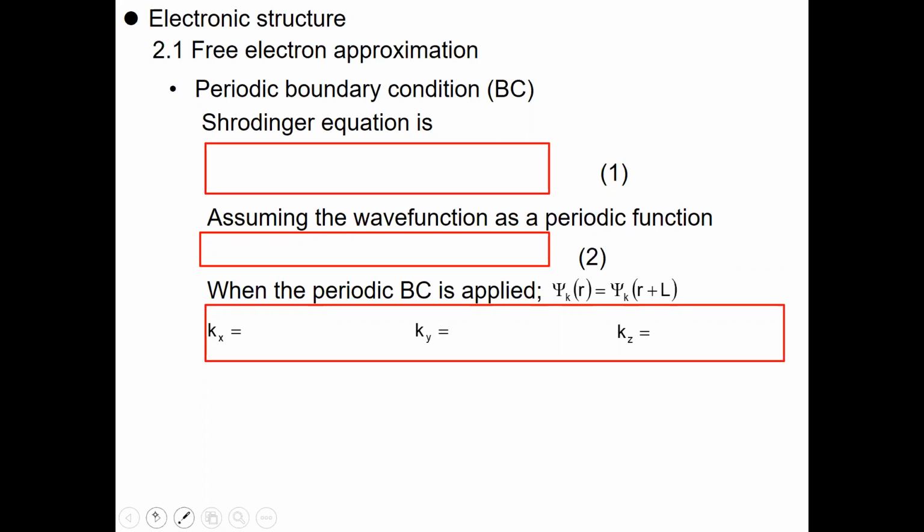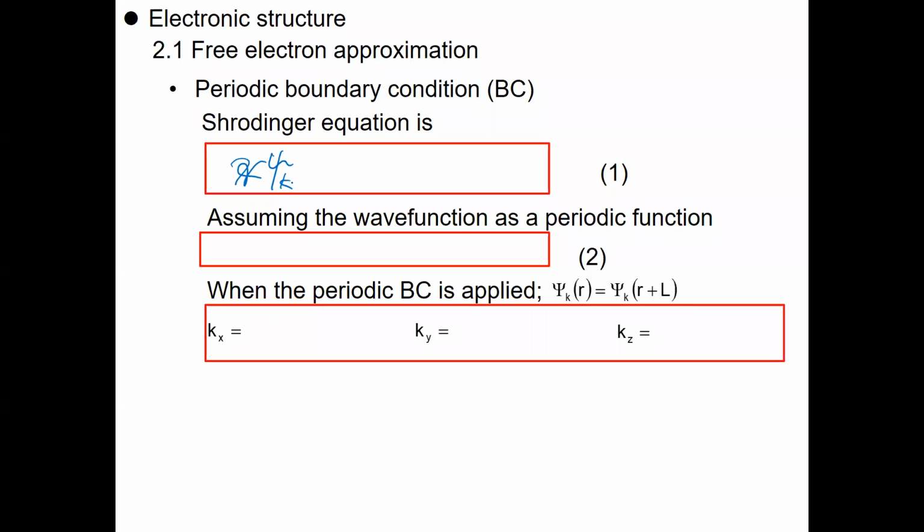But as a possible approximation, there is the periodic boundary condition. This is the first approximation of the potential of the positive lattice. And in this case, the Schrödinger equation can be described like this.